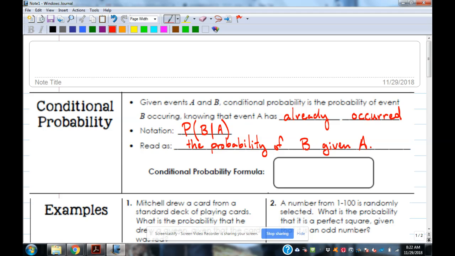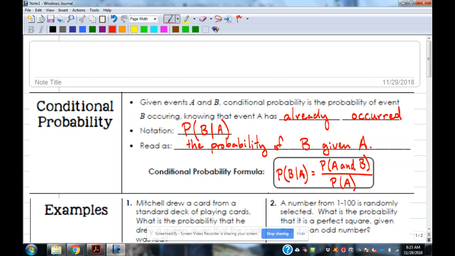The formula for conditional probability, B given A, is the probability of A and B divided by the probability of A. That probability of A and B goes back to what we talked about yesterday.